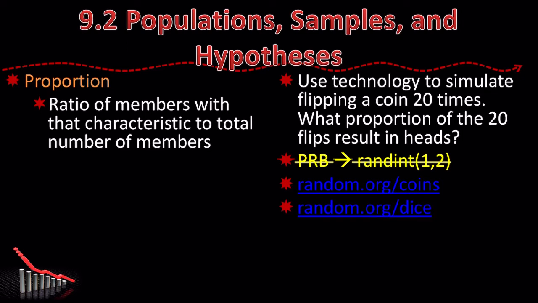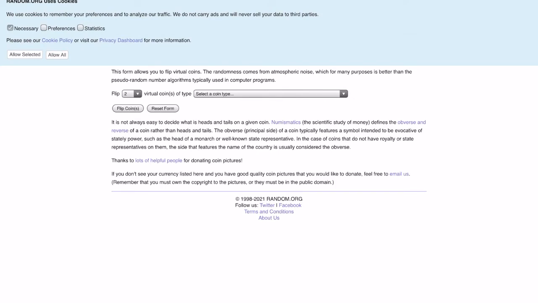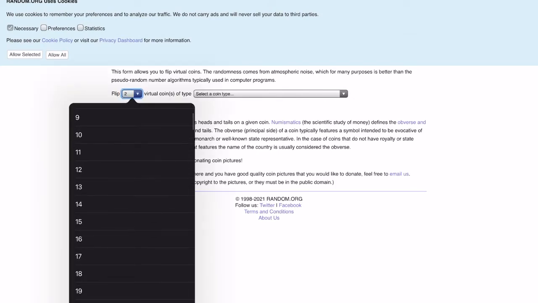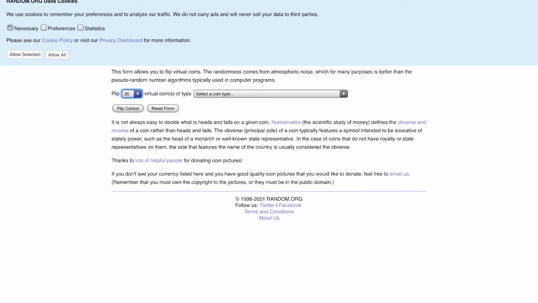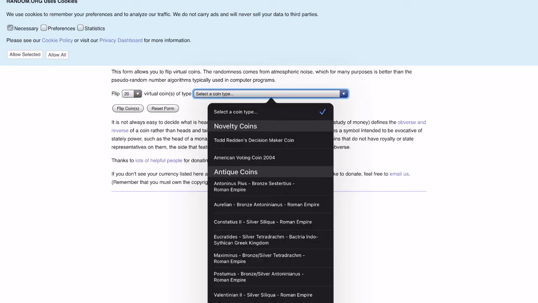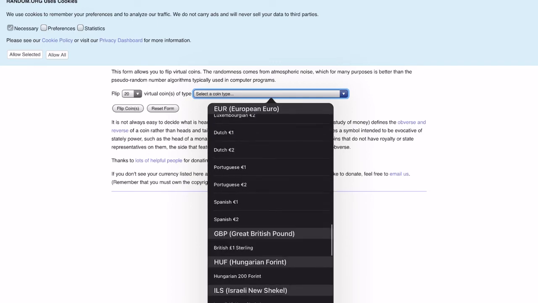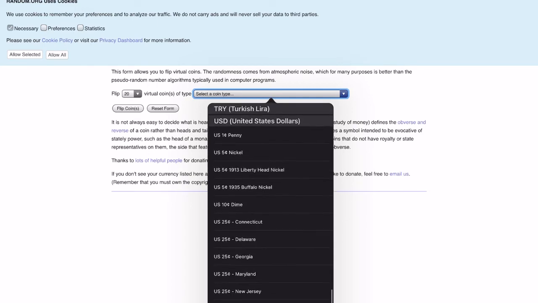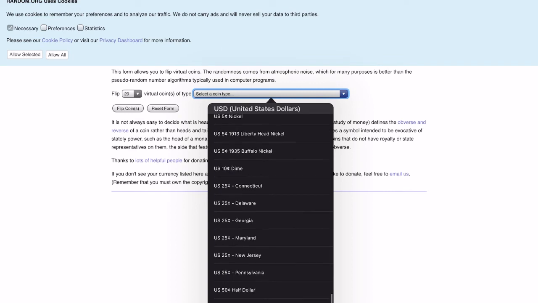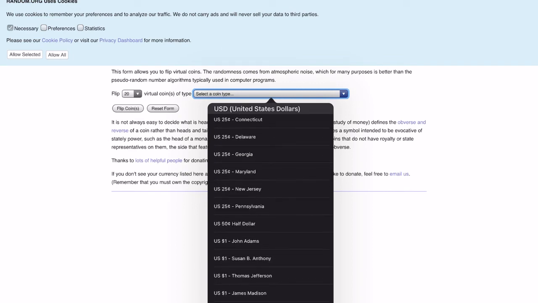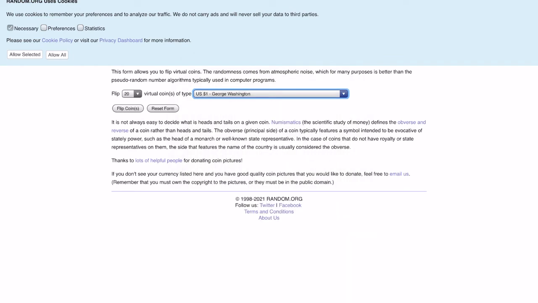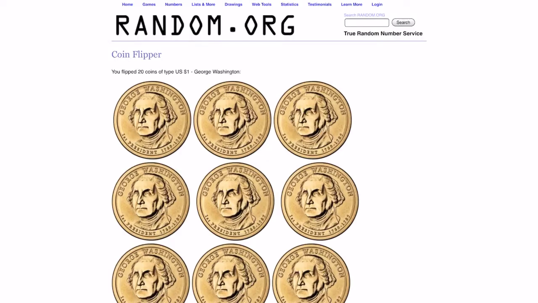So let's try the one for coins. All right, and we're going to flip it 20 times. Select a coin type. Oh, what kind of cool coin shall we do? Let's do USA, and let's do a George Washington dollar. We're going to flip the coins.